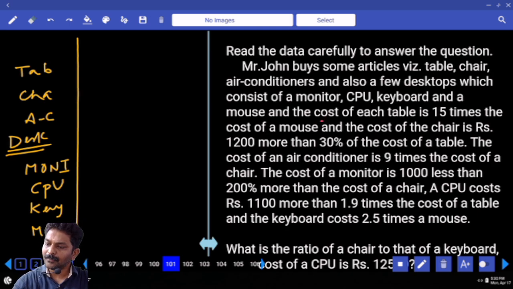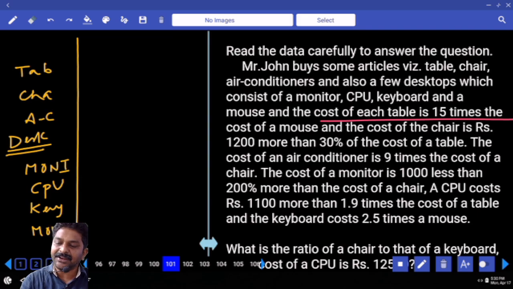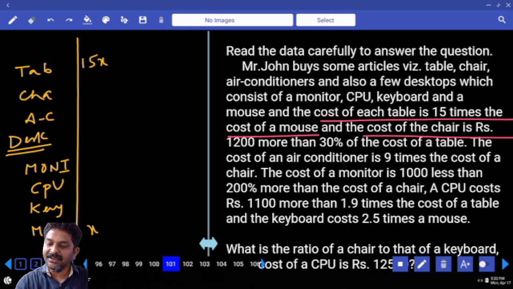The cost of each table is 15 times the cost of a mouse. If the mouse is X, the table becomes 15X. The cost of a chair is 1200 more than 30% of the cost of the table, which we already treated as 15X.